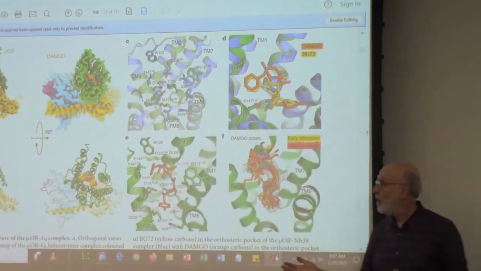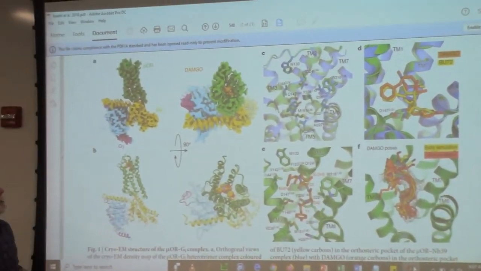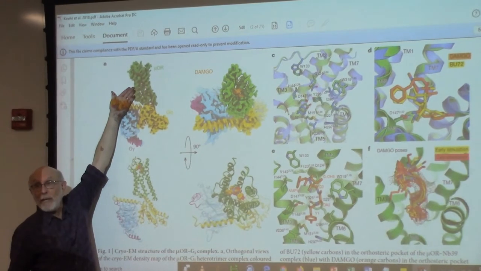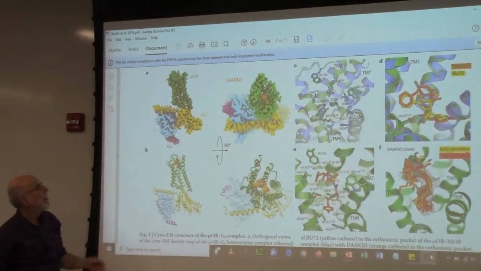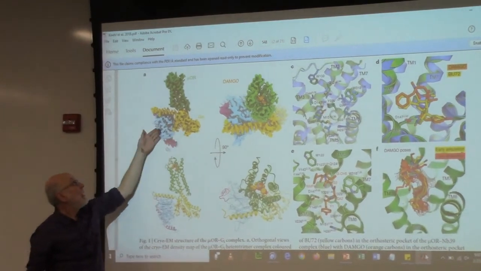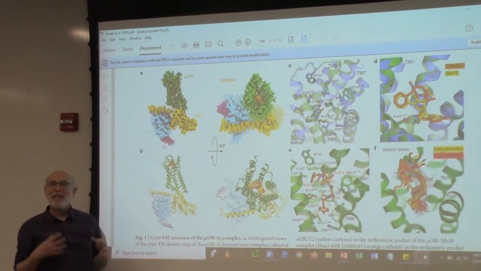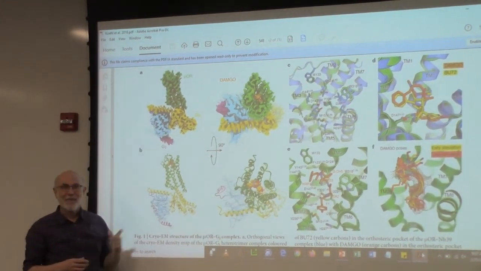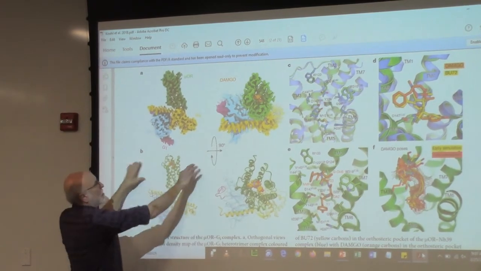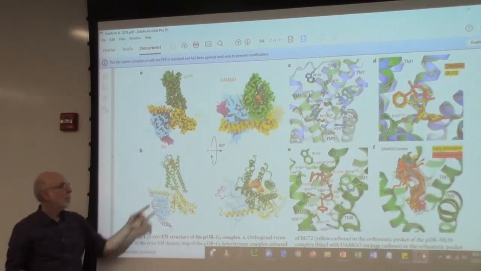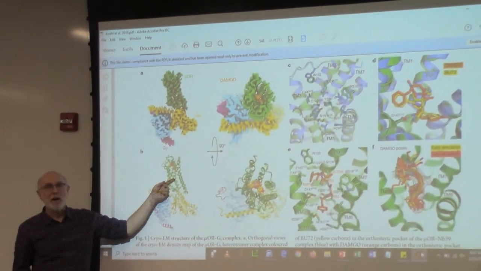It's a receptor. Its structure was determined back in 2018. Here's the receptor in green. This must be the membrane here. Here's the alpha, beta, and gamma. What do we see here? So this is getting at one of the questions from the exam. It's a G protein coupled receptor. Transmembrane alpha helices is a structural motif of GPCRs.